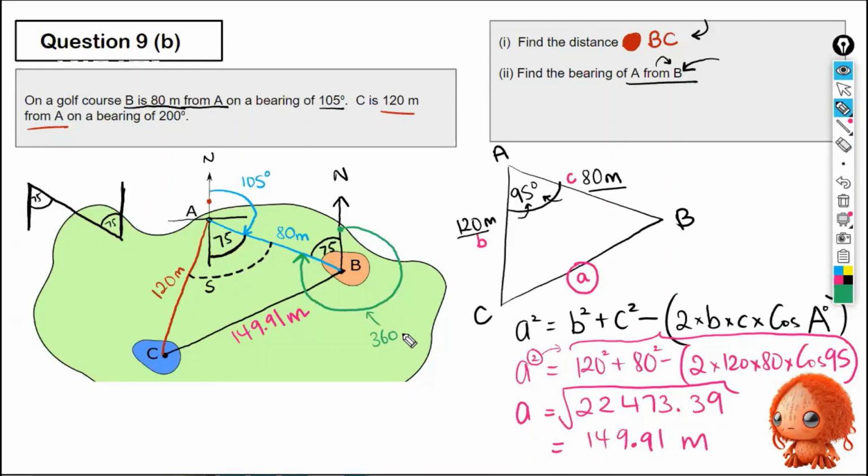It will be 360 minus the 75, and I am getting 285 degrees, right? Taking the black part, which is the 75, minus it from 360, and you're left with the green part, which is what the examiner asked for.